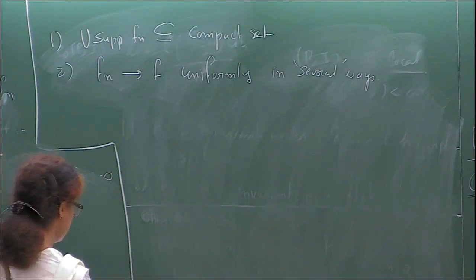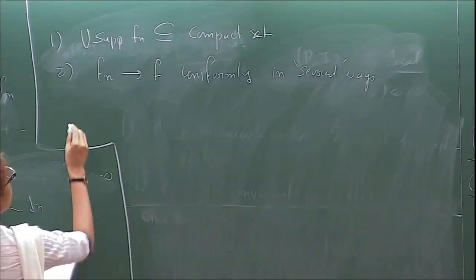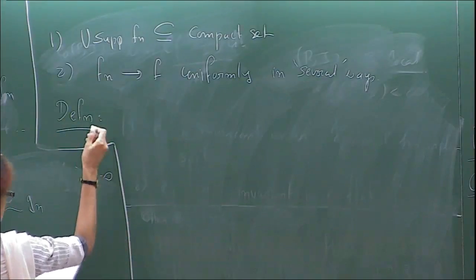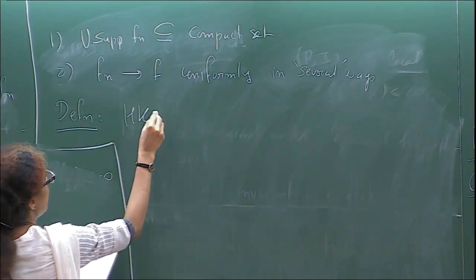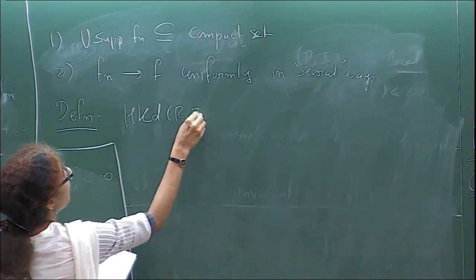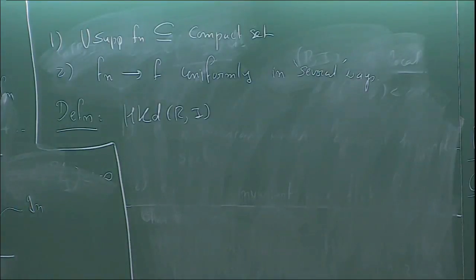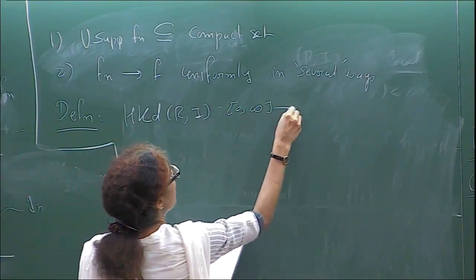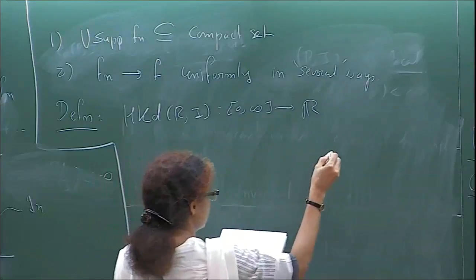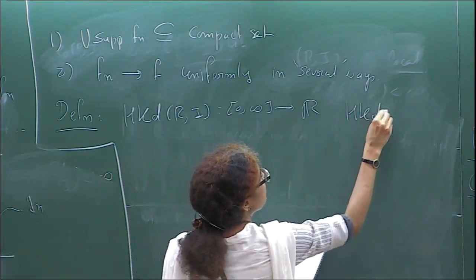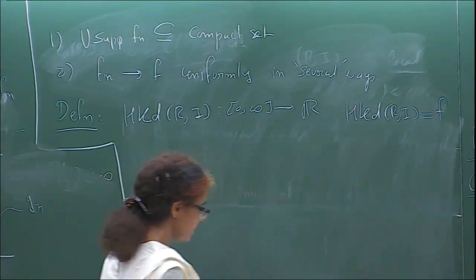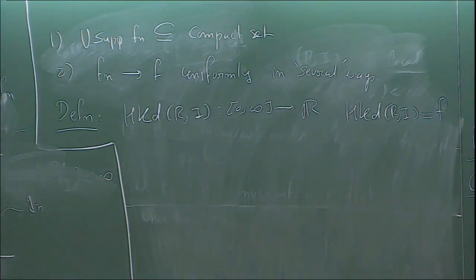So, definition. You had a pair (R, I), and you define a sequence of functions and took their limit, and that limit you call the HK density function, from 0 to infinity to R. Instead of writing it in such a long way, I'll denote it by f.